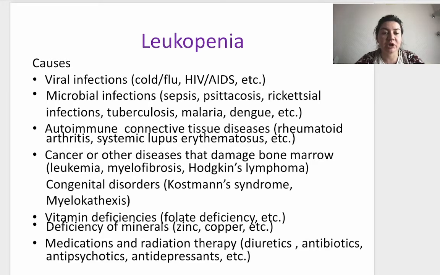Microbial infections like sepsis, psittacosis, rickettsial infections, tuberculosis, malaria, dengue, etc. The causes can be autoimmune, like connective tissue disorders, for example, rheumatoid arthritis, systemic lupus erythematosus, etc. Cancer or other disease can damage bone marrow, like in leukemia, myelofibrosis, Hodgkin's lymphoma, and congenital disorders like Kostmann's syndrome and myelokathexis.